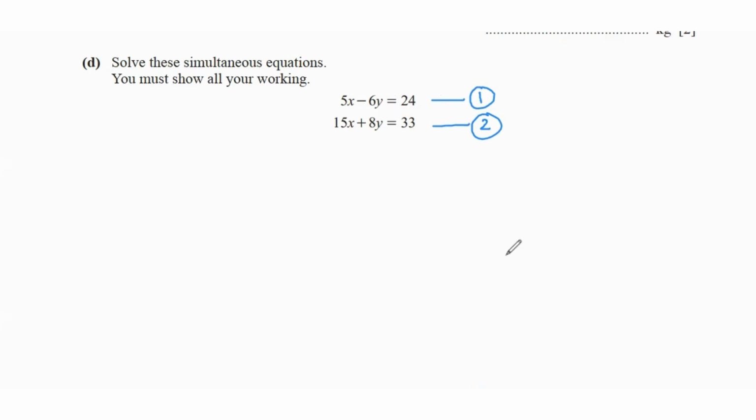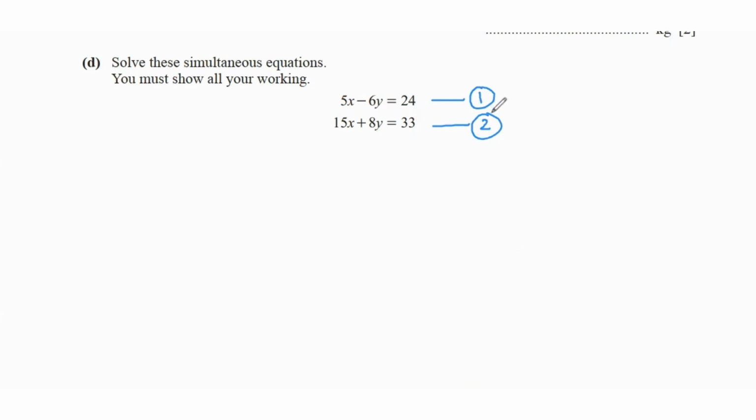Substitution method is advised when one of the variables has a coefficient of 1. So it's easier to make it the subject and then replace it in the other equation. In our case, since both the variables x and y have a coefficient greater than 1, I'm going to opt for the elimination method.